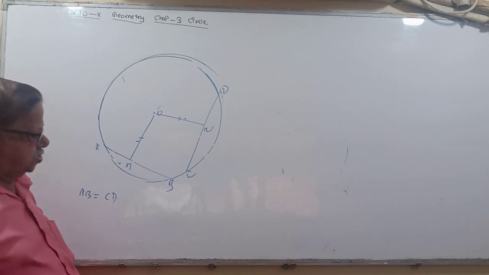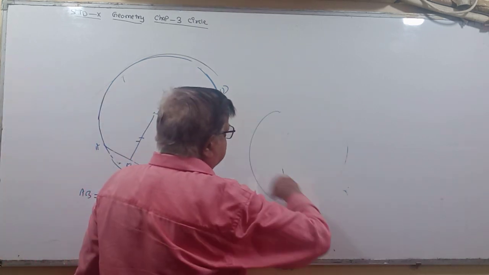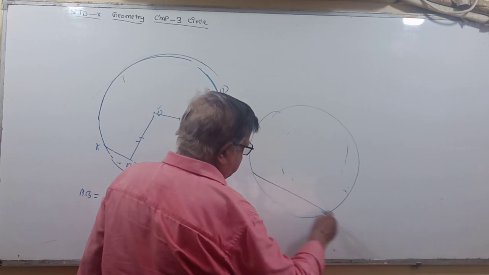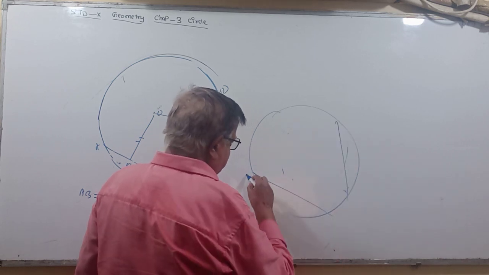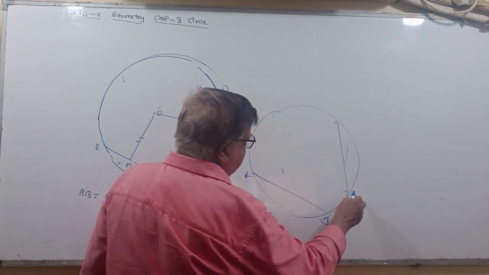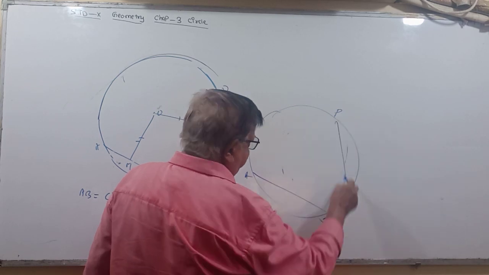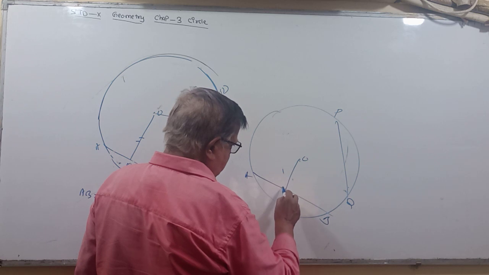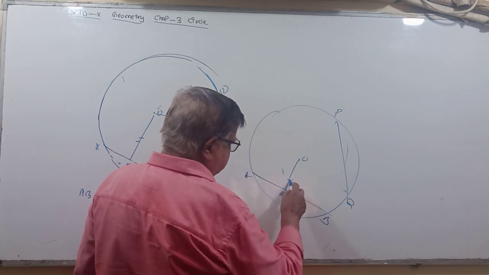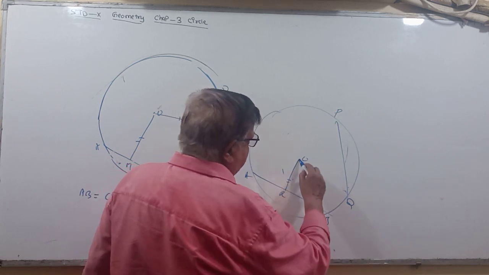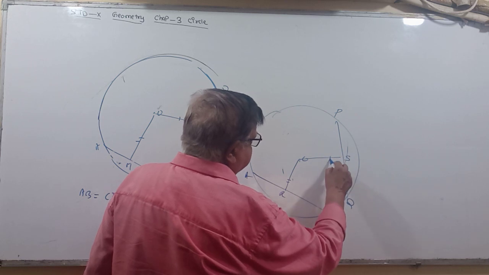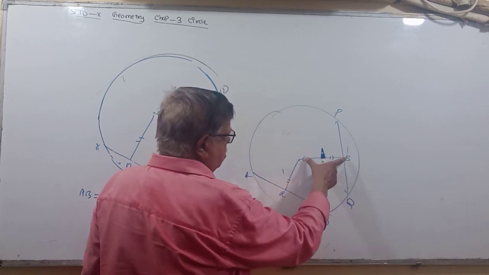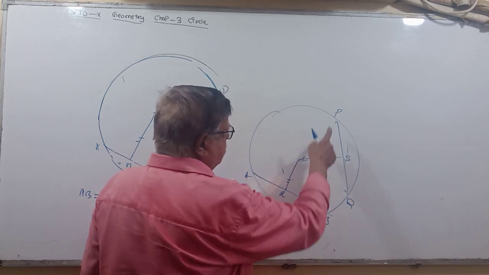The converse of this is: suppose there are chords AB and PQ, O is the center, and OR and OS are the distances. If OR equals OS, then AB is congruent to PQ.